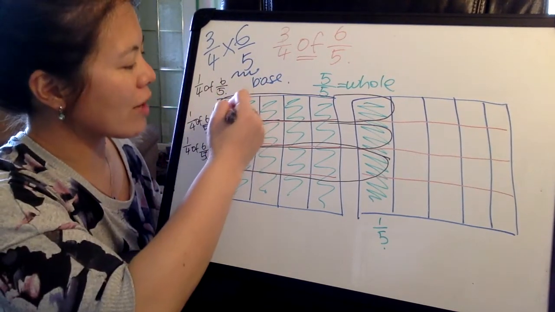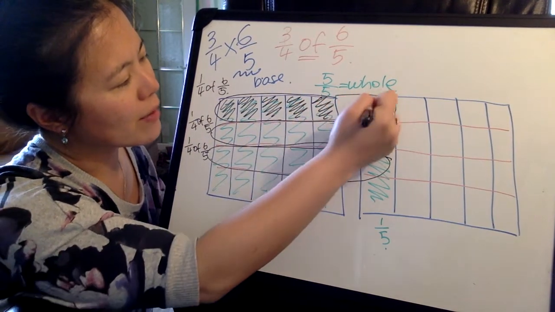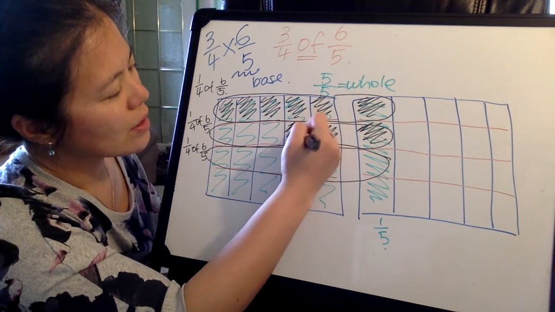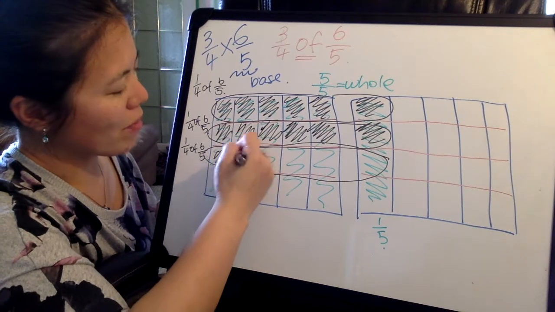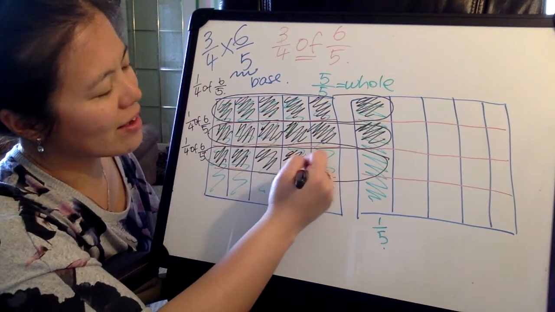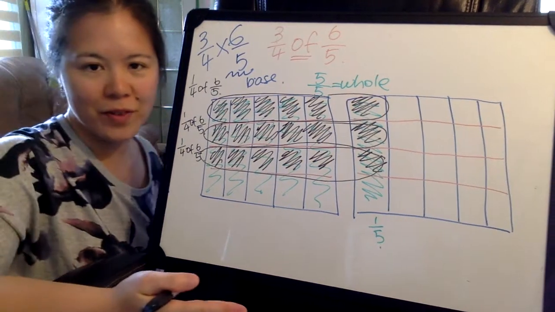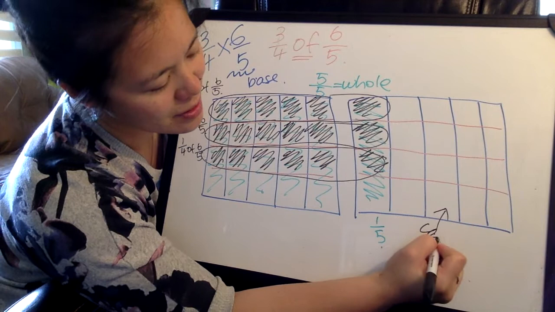I can just color in, to make it clear, this bit, this bit. Bear with me, just coloring that in. Okay, so we're going to figure out what the unit fraction is.